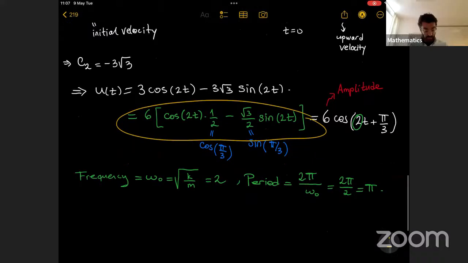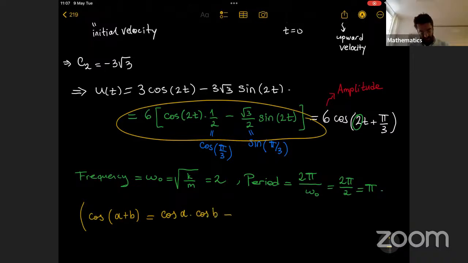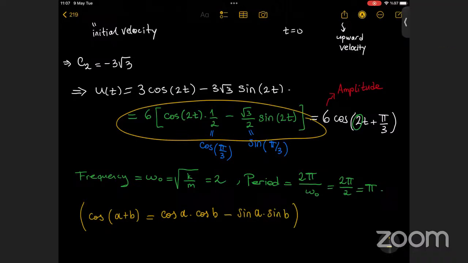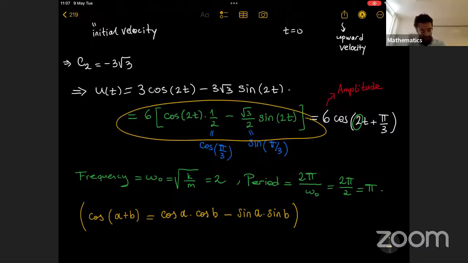Remember, cosine of A plus B is cosine A times cosine B minus sine A times sine B, okay? So we use this formula basically, okay? Yeah, now I see. Thank you. Okay, good. Any other question?